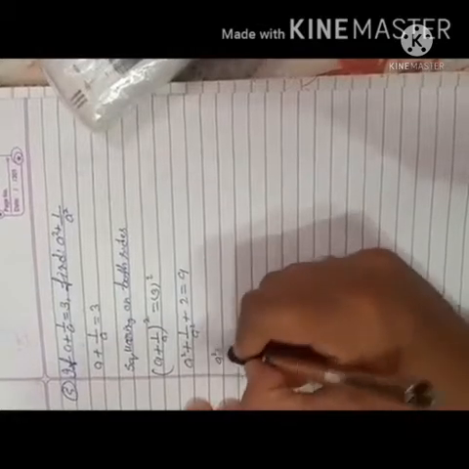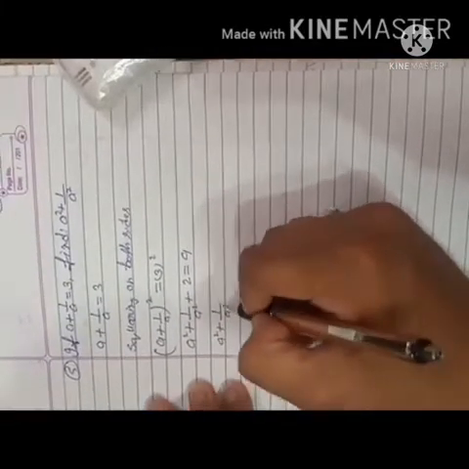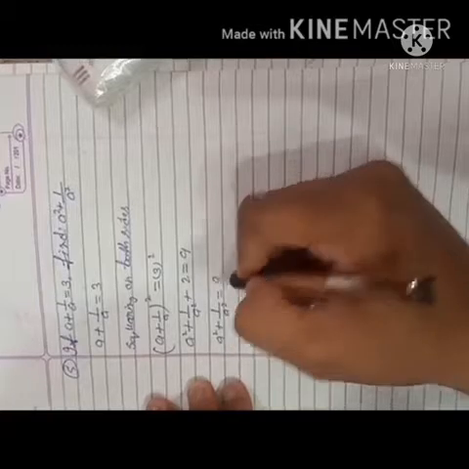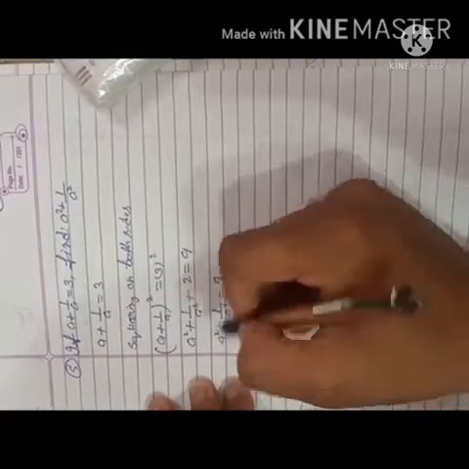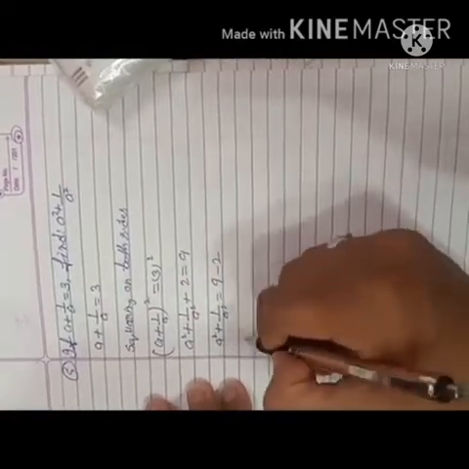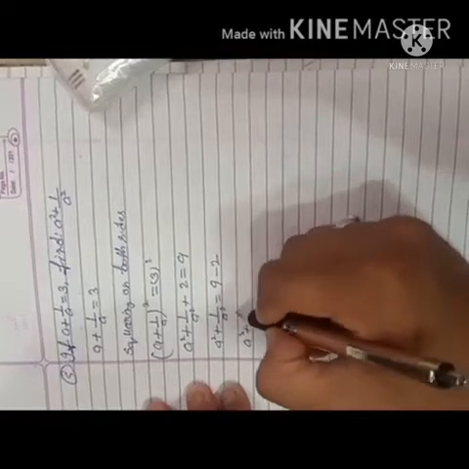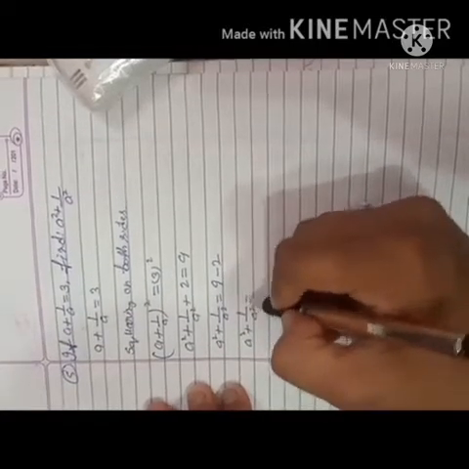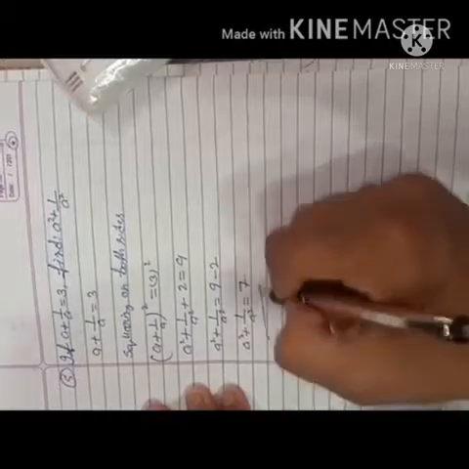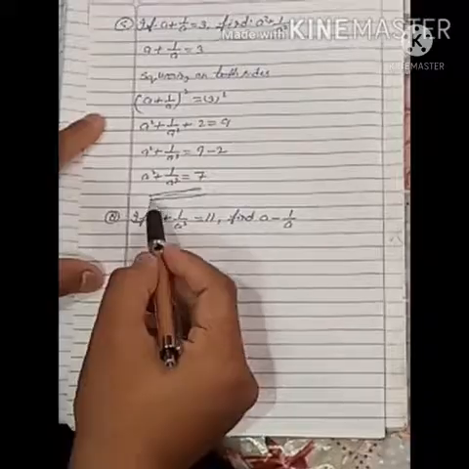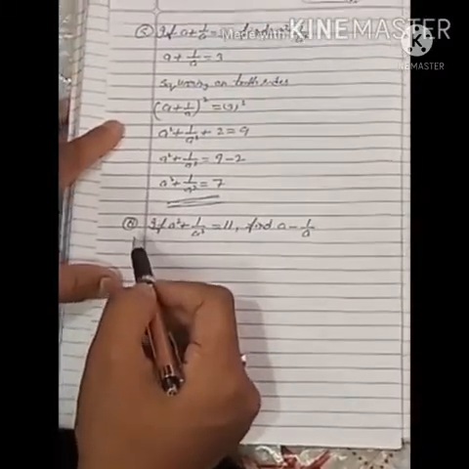So a square plus 1 upon a square plus 2 is equal to 9. Here is plus 2, move to the RHS as minus 2. So a square plus 1 upon a square is equal to 7. So the answer is 7. The fifth sum is completed, so we will start the eighth sum.